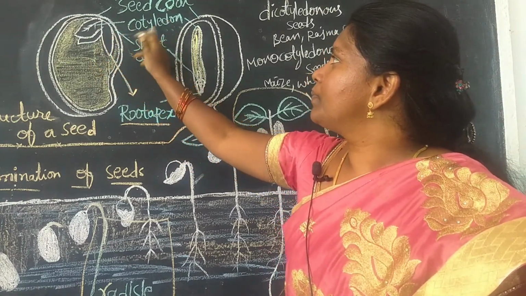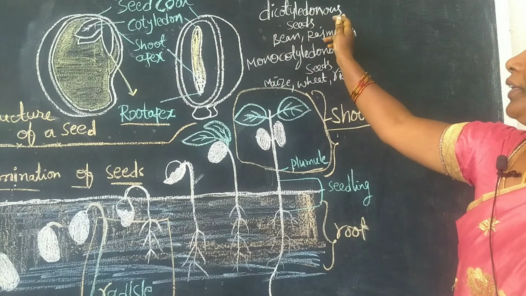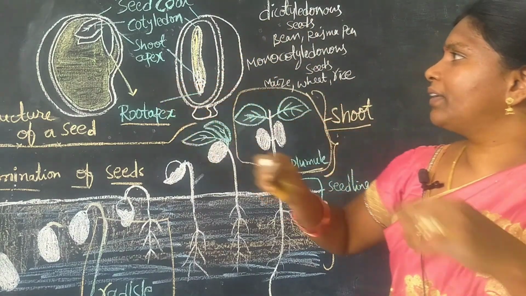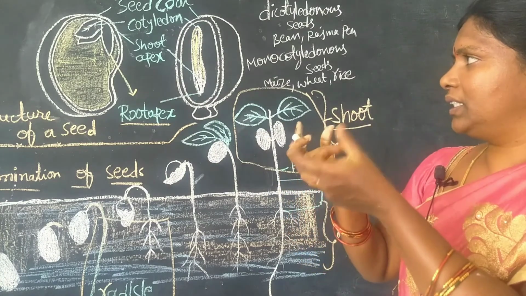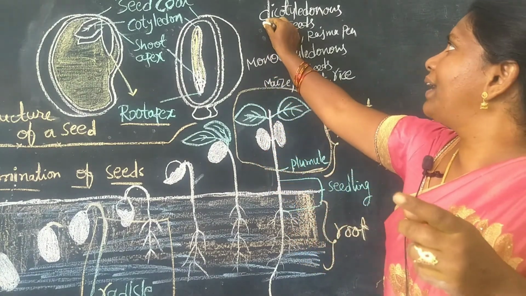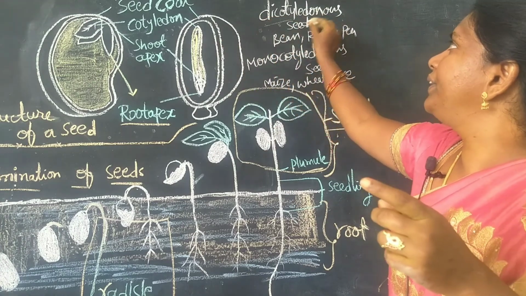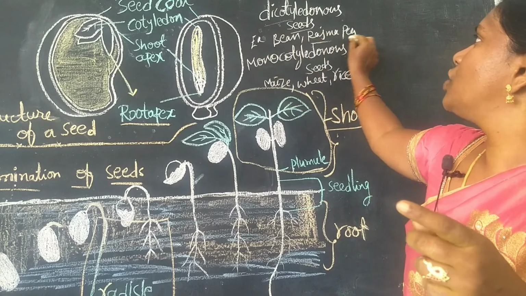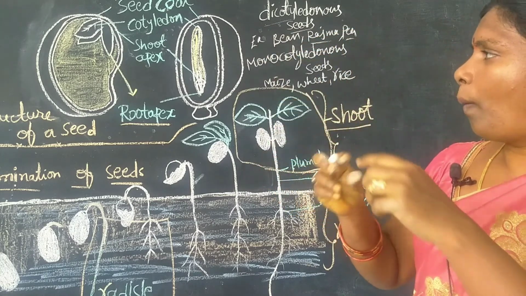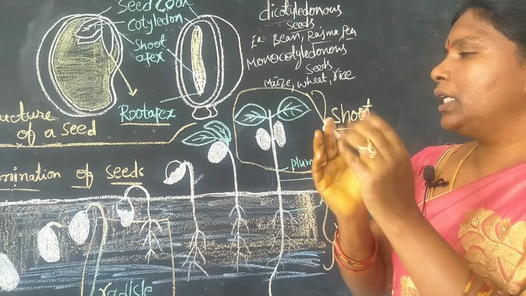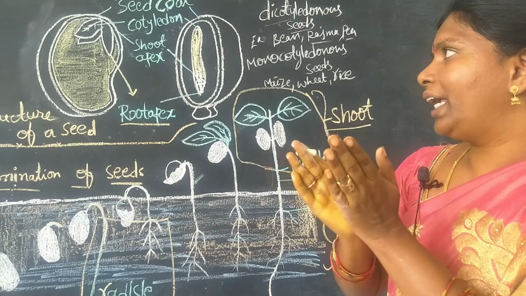Cotyledon has two types. One is dicotyledon seeds. Dicotyledon seed means that when you open the seed, it breaks into two equal parts. Examples: beans, rajma, pea.